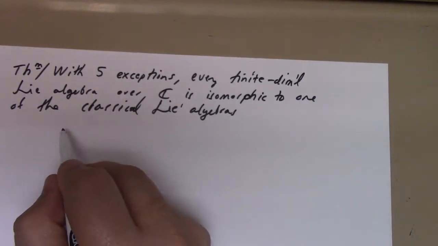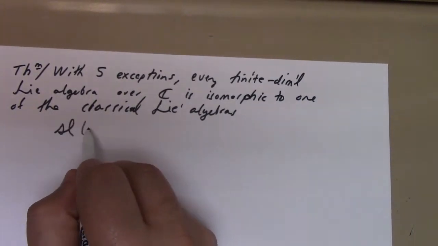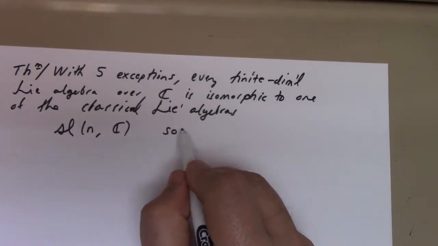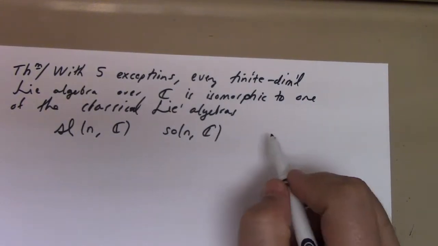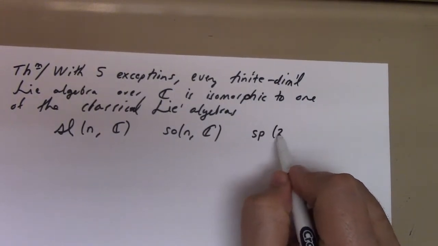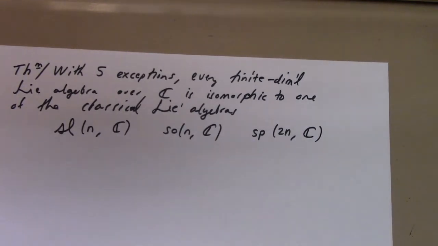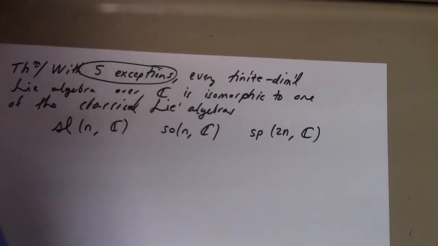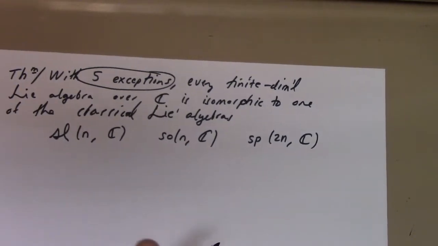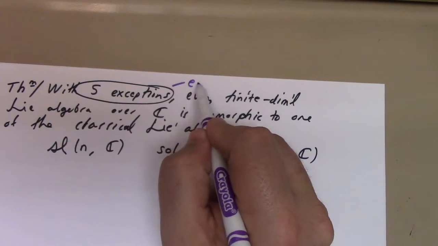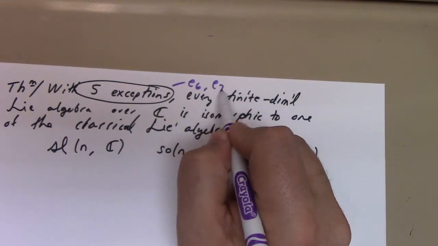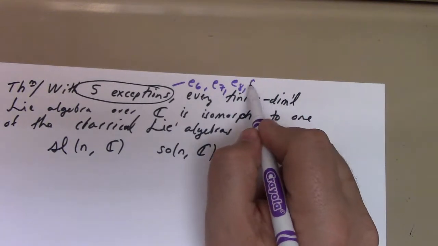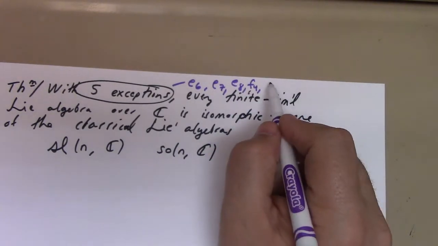In particular, you have sl(n, C), so(n, C), or sp(2n, C). And the five exceptions are the so-called E6, E7, E8, F4, and the famous G2.